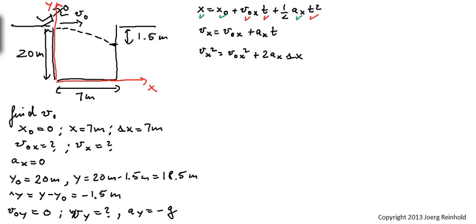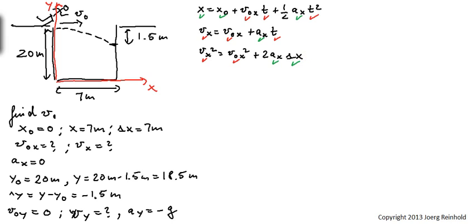In the second equation, we do know what ax is. It is 0. We don't know what vx is and what v0x is. We don't know what t is. Likewise, in the third equation, we don't know what these quantities are. We do know, though, in the last equation again what ax is, and we do know what delta x is.